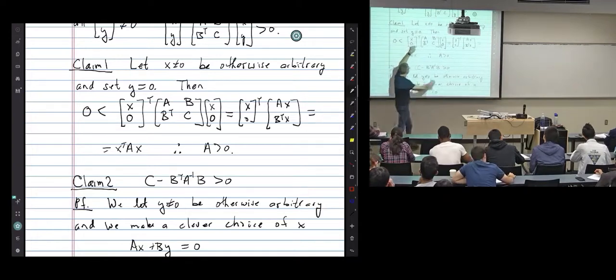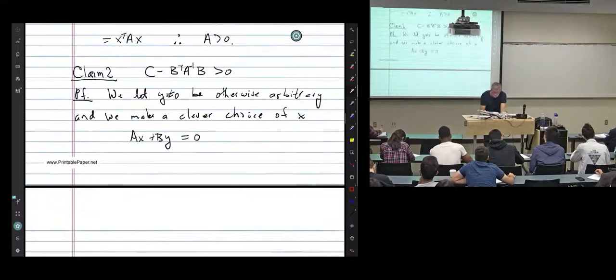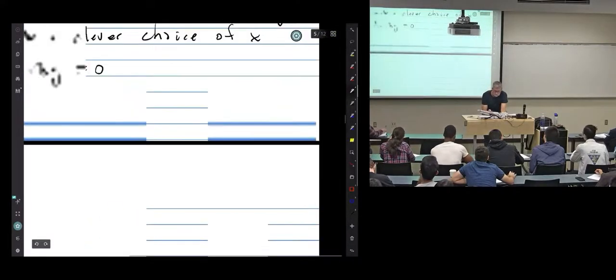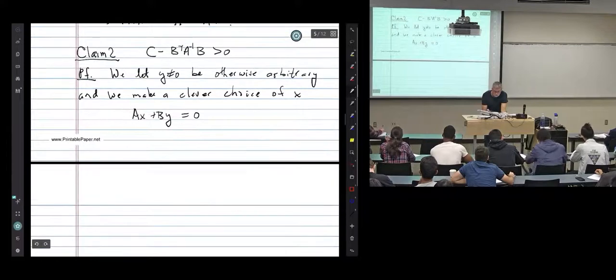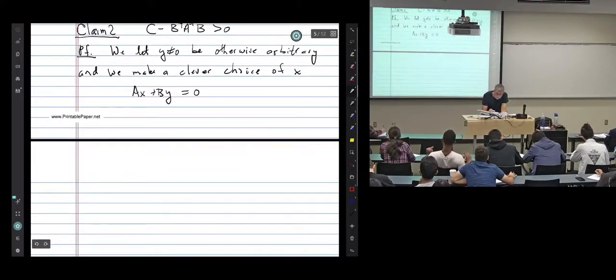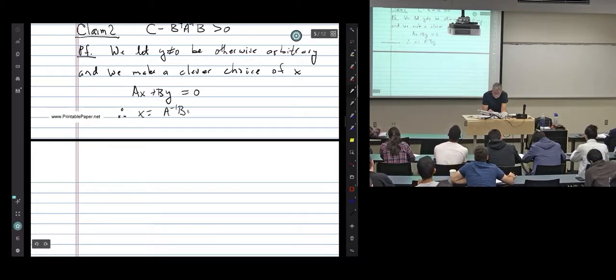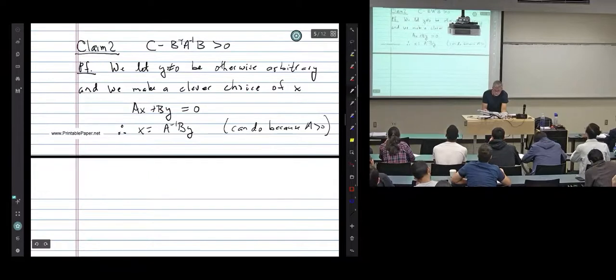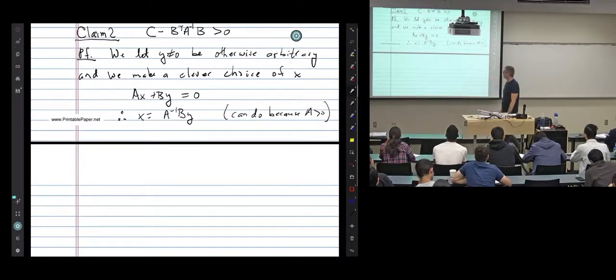It's got to. So I can do this because A is invertible, y is arbitrary. So that just means x equals A inverse By, and I can do that, okay, I already know A is positive definite, so A is invertible.